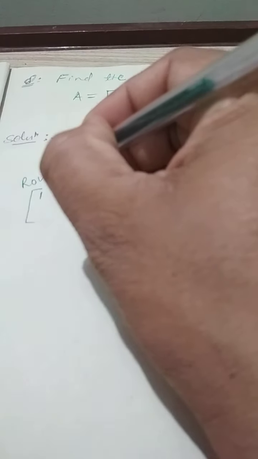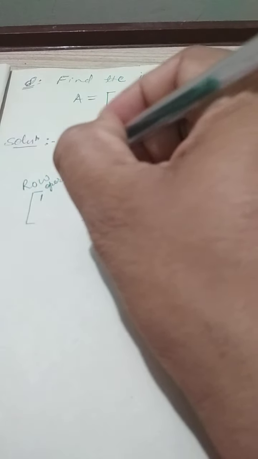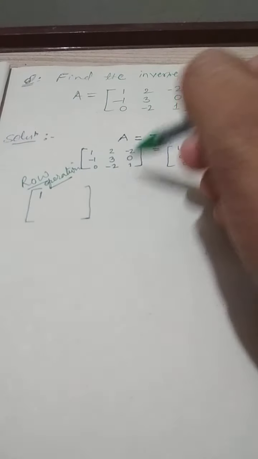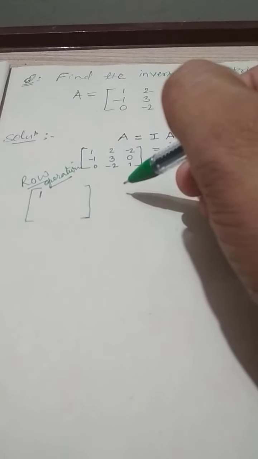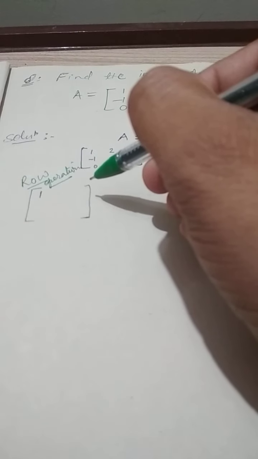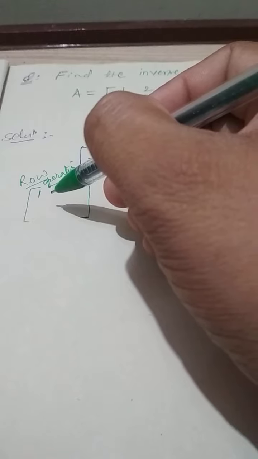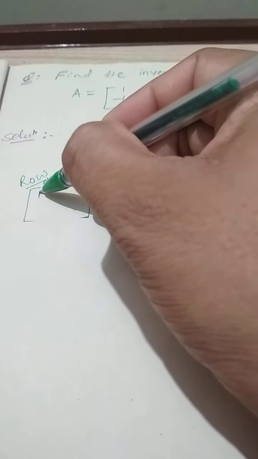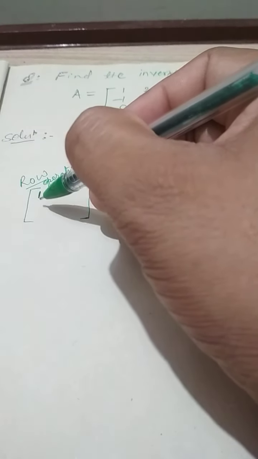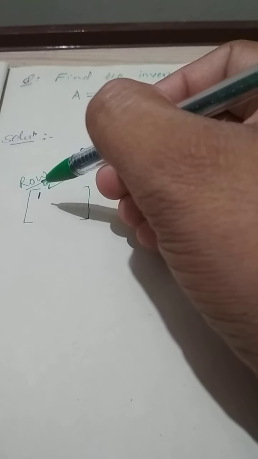Whenever you go through the row operations, you have to remember this. I am not going to find the inverse in this video. First I will tell you the procedure. Just look at it very carefully. The first focus is to make the first row, first column element unity, 1.